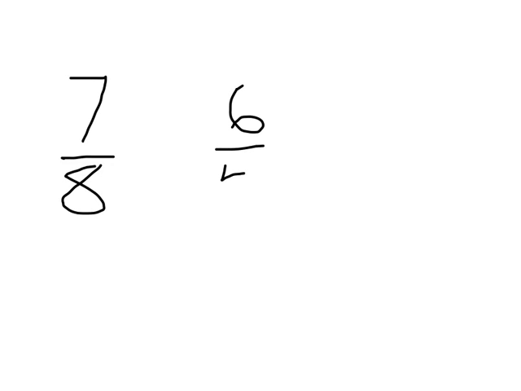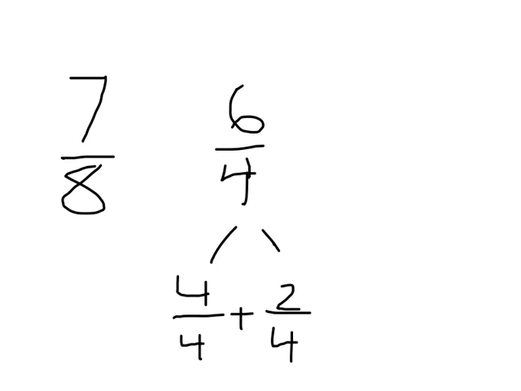We're going to compare two fractions. We're going to compare the fractions 7/8 to 6/4. And we can look at this in two ways. If we take this 6/4 and we make this number bond, we know that 4/4 plus 2/4 would equal 6/4.